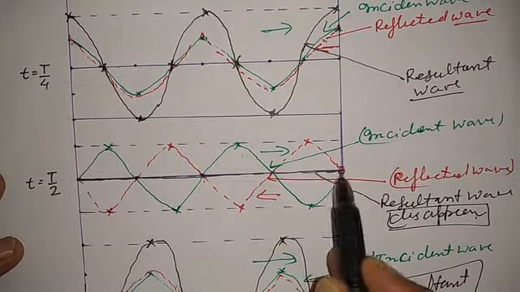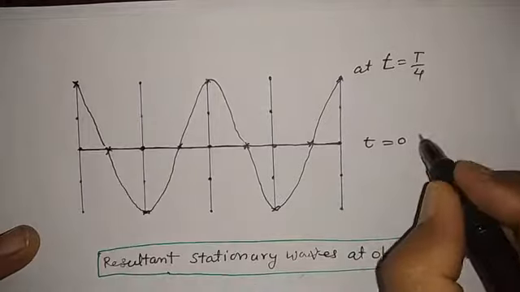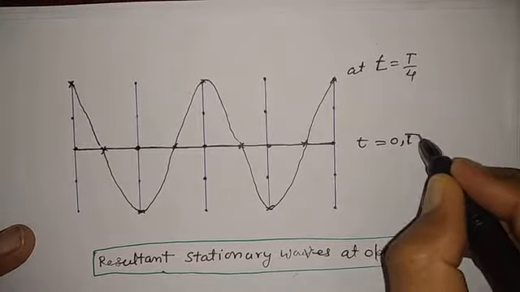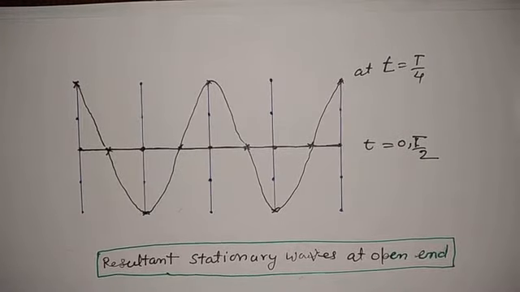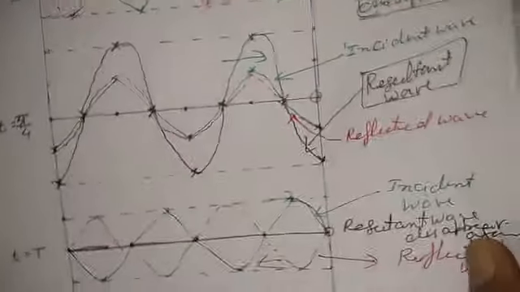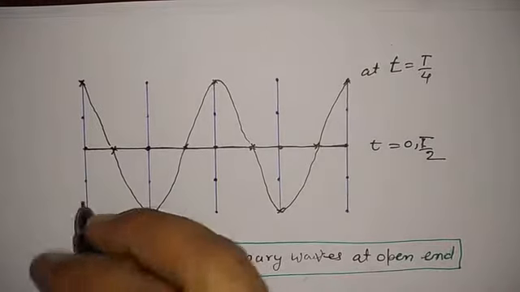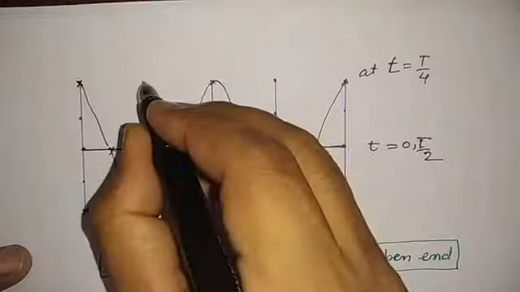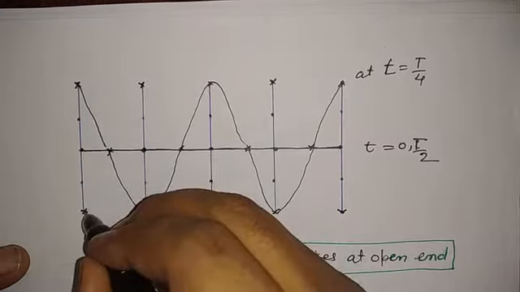Now see the situation when time is just half. Again the wave disappears. Now see what happened when time is at 3t by 4 in this diagram. Now again there is maximum amplitude on the negative side. See in that direction, minus here, here, join this.